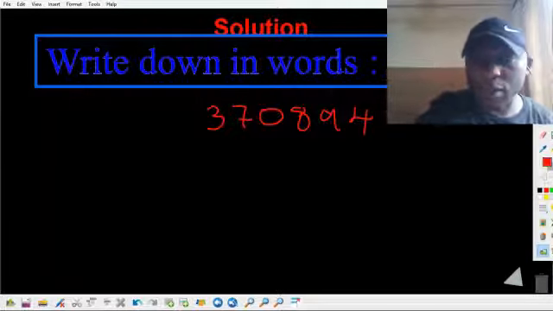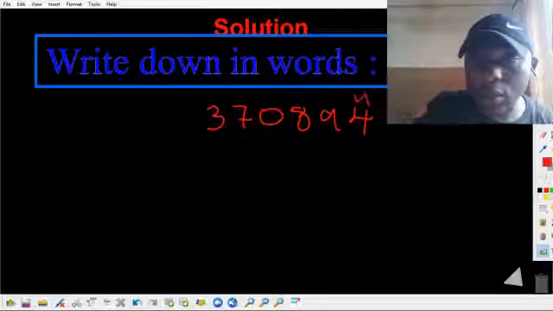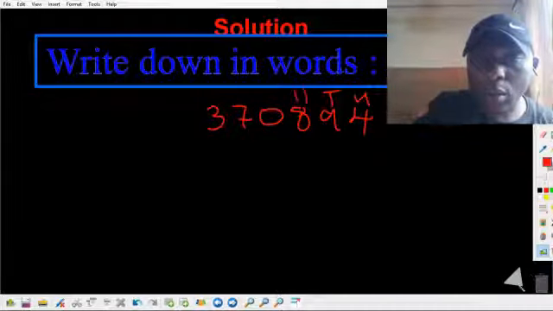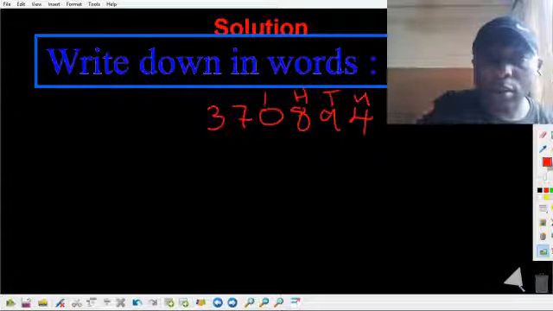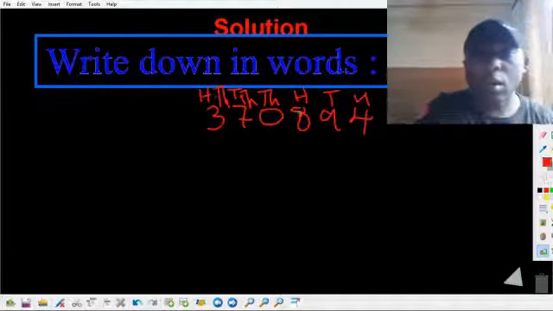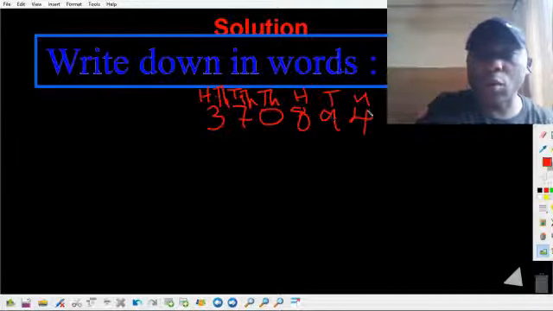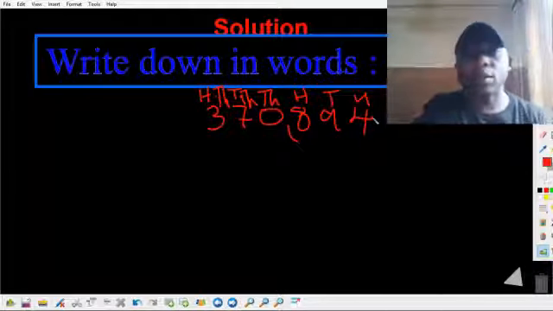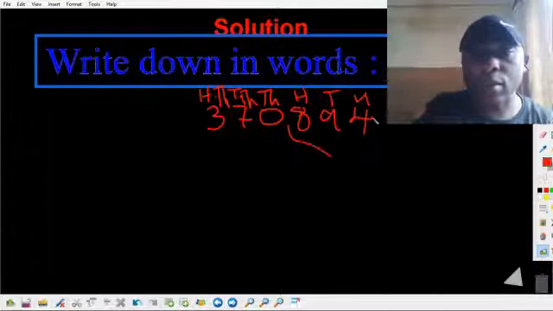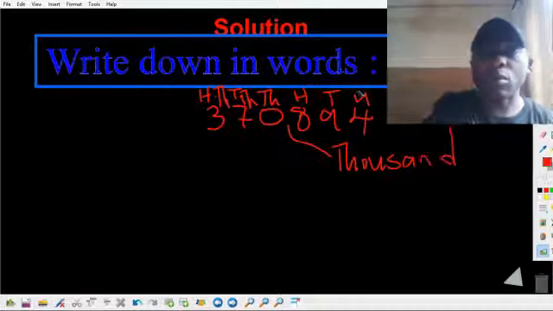First, you need to group it, but before grouping, you need to identify their place value: units, tens, hundred, thousand, tens of thousand, and hundred of thousand. The next thing to do is to group. Units, tens, hundred, place your comma. The comma there represents thousand. Now let's write this in words.